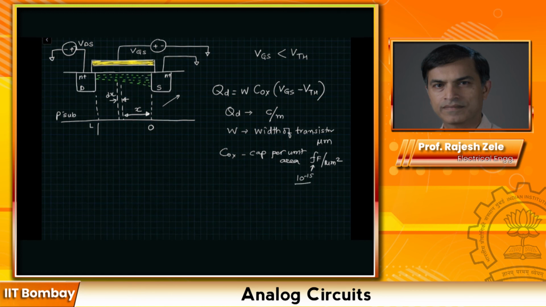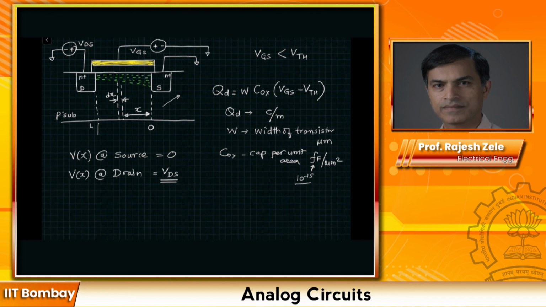Now as we travel along the channel, look at the dimension x equal to 0, we are at the source, and from x equal to 0 we travel to the drain, x will become equal to L. So Vx at source will be equal to 0, and Vx at drain will be equal to VDS.